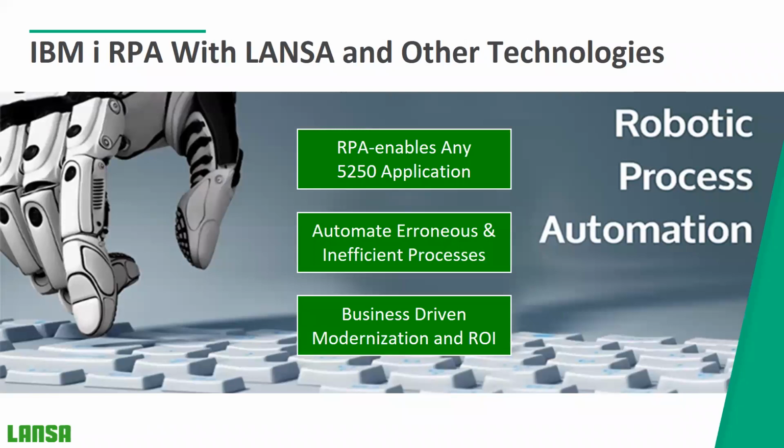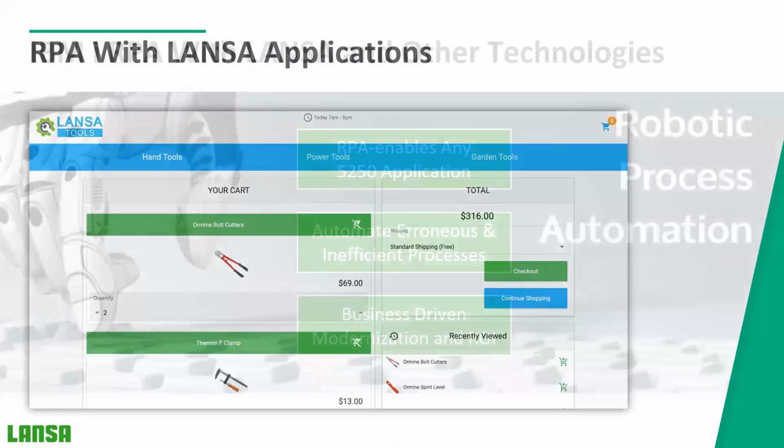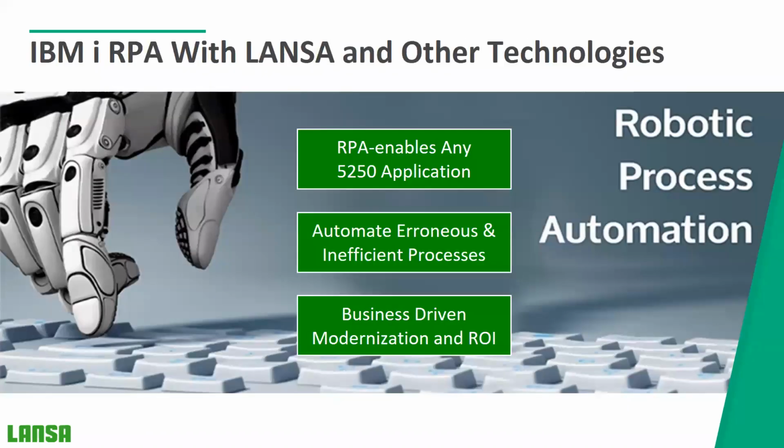Right, so LANSA's RPA technology can be used outside of RAMP as well. LANSA has had modernization solutions and automated screen navigation for 15 years. And we are able to use those technologies for full process modernization. So those areas, in terms of full process, allow us to RPA enable any 5250 application and to deal with erroneous and inefficient processes.